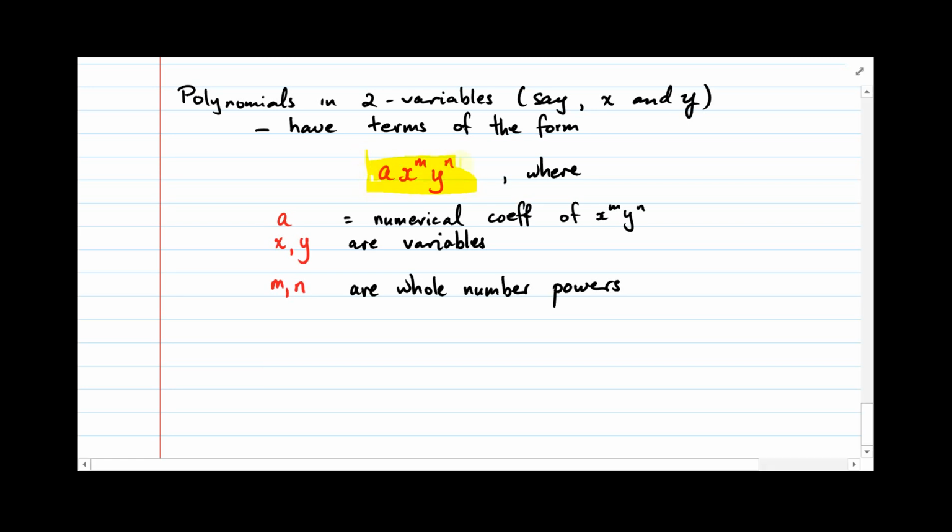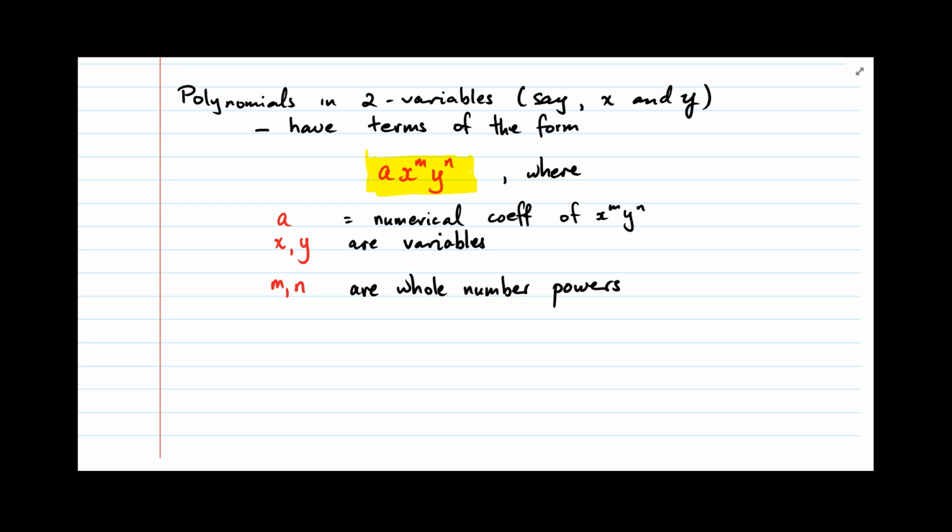ax to the m, y to the n. And as an extension of what we just learned, the a would be the numerical coefficient, not just of x to the m, but of x^m y^n, the complete package of variables.